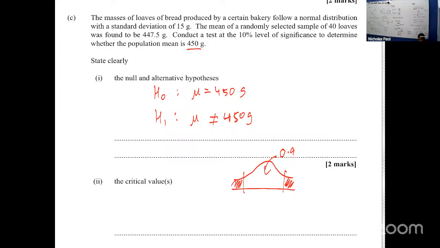Work on the critical values. Go to your table. What's the value you're reading off the table again? You're reading off the value that corresponds to 0.95.